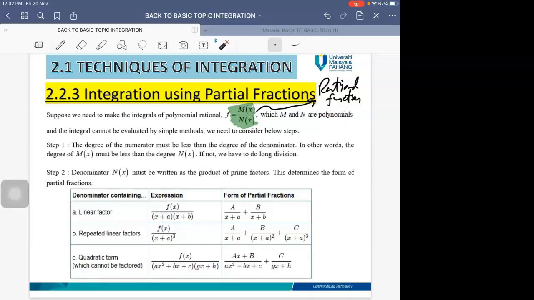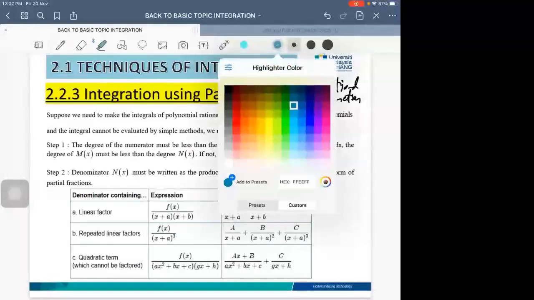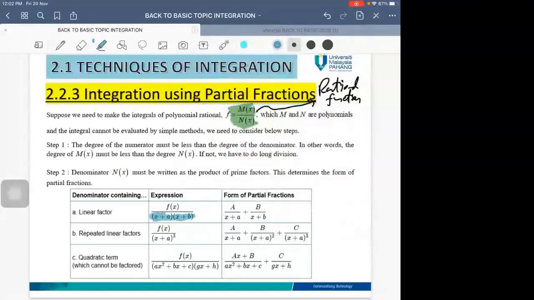Okay, so there are several forms of partial fraction, the general form. How to write the general form of partial fraction? You must look at your rational function. For example, you have linear factors. What is meant by linear factor?